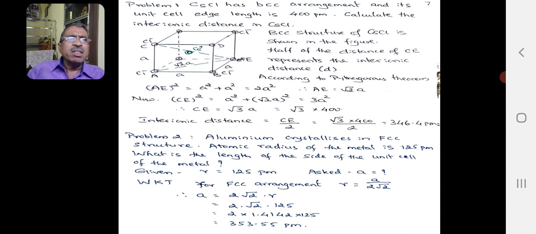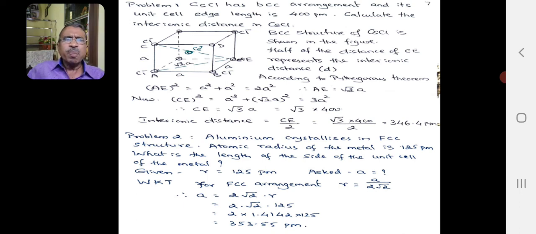The a is 400 picometer. Therefore, it is root 3 into 400 divided by 2, that gives 346.4 picometer. This is how you have to calculate and solve the problems.